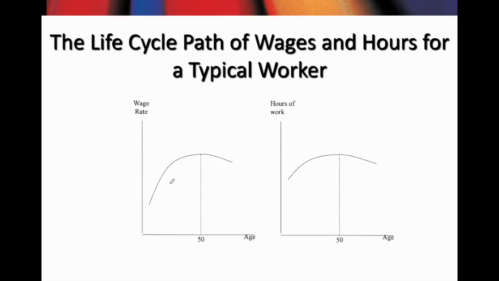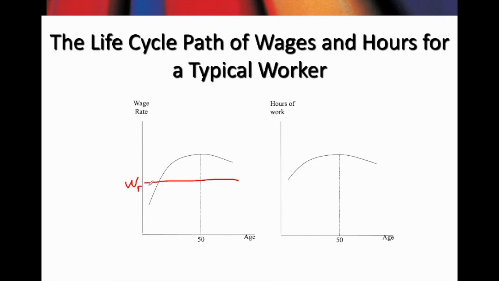To understand that statement, let's revisit this diagram, and let's say we draw this horizontal line to indicate the level of the reservation wage, WR. And we assume that WR is constant over the life cycle.